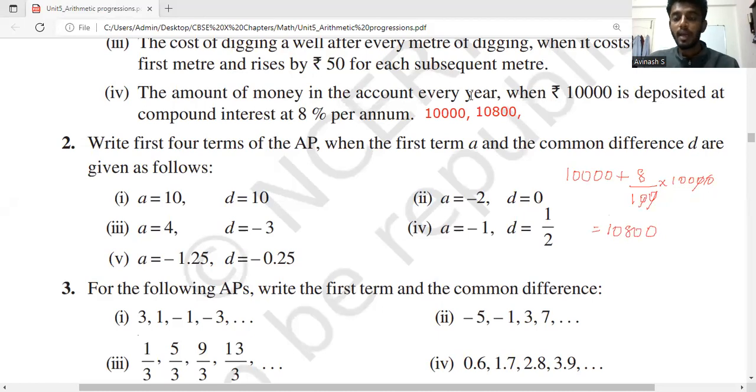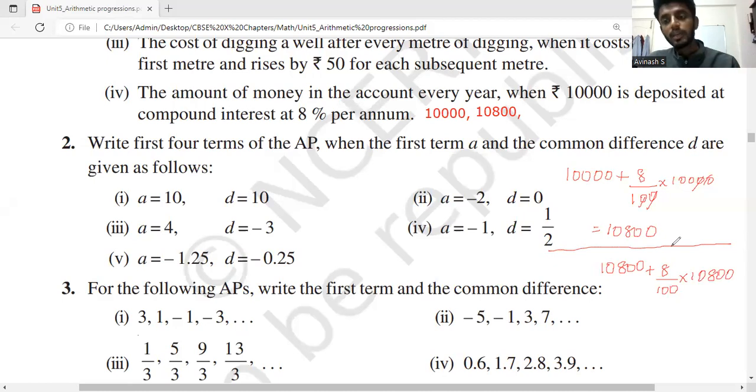Now, this is for the second year, but when you do it for the third year, how much money are you left with? That is 10,800, not 10,000. For the third year, the money that you were saving is 10,800 plus again 8% of 10,800. It's not 10,000 because after 2 years, the amount gets incremented to 10,800.